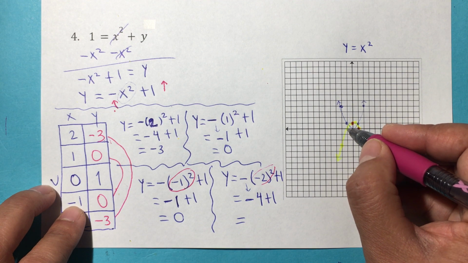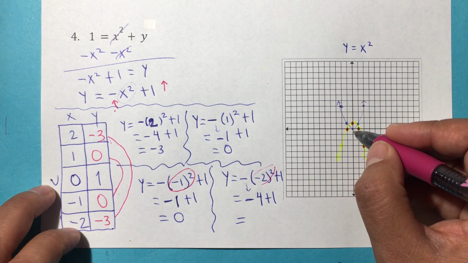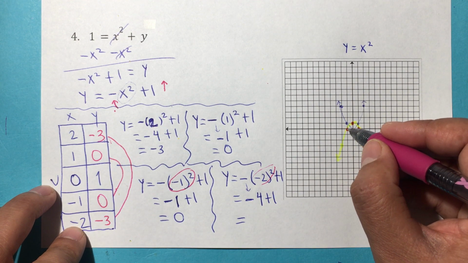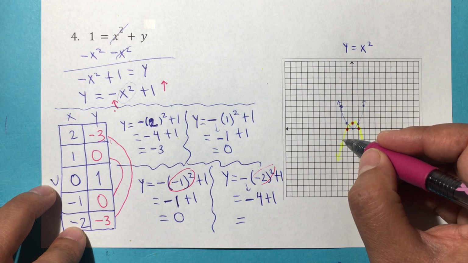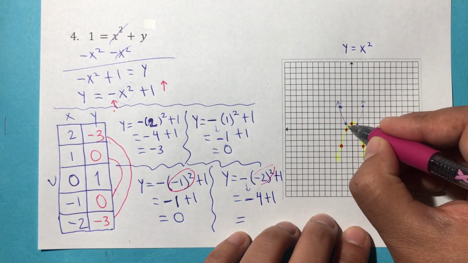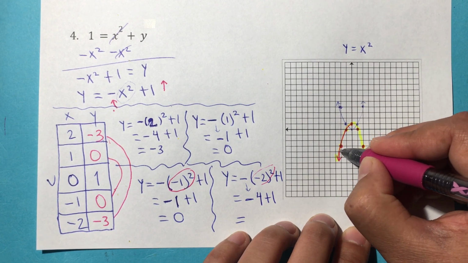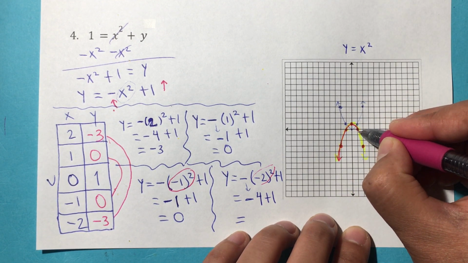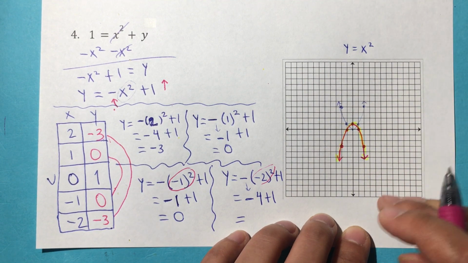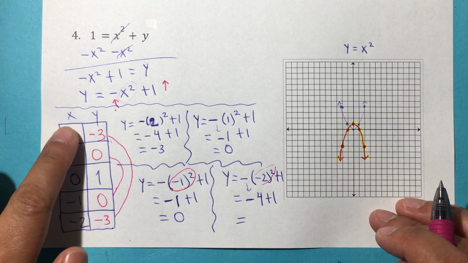So from the origin, you go negative 1, 0 right there. And negative 2, negative 3 right there. As you can see, they do fall in the same spot as if you did the transformation only, without plotting points.